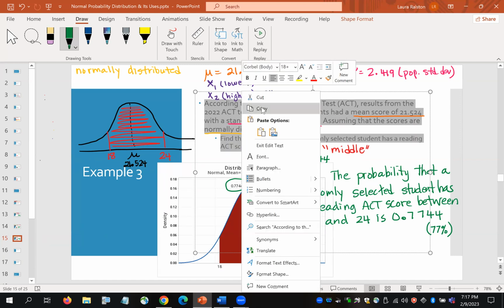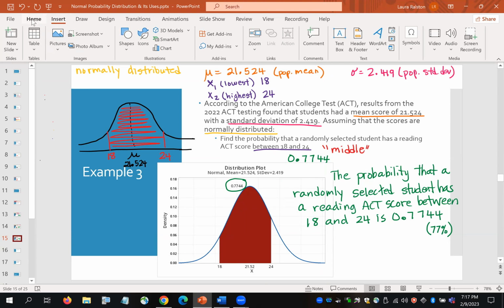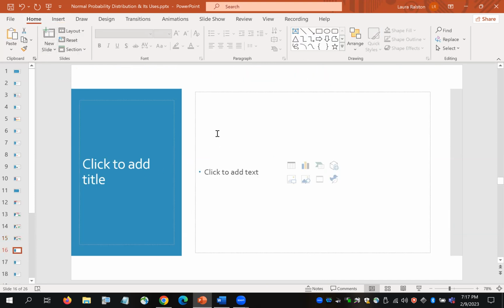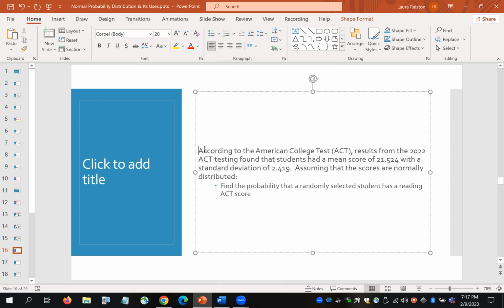So we can use these same numbers. Okay. That might say something like less than 20 or greater than 23.